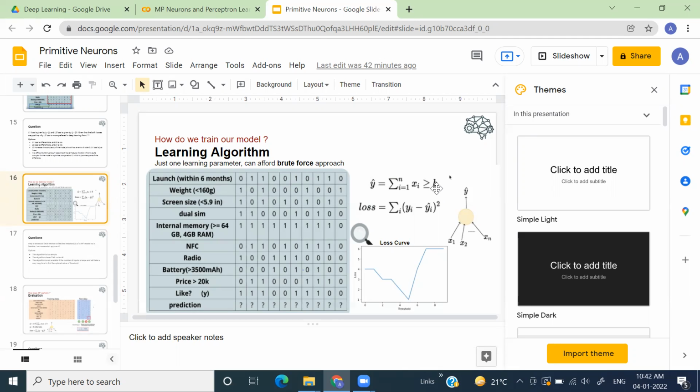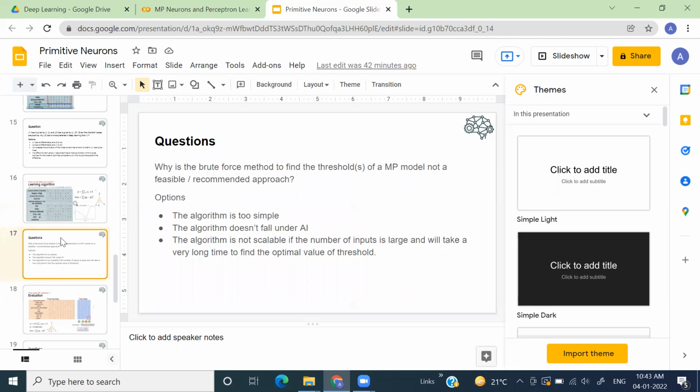So you have to run this for loop 10,000 times to get the optimal value of b in the worst case scenario. So this is not a scalable approach.